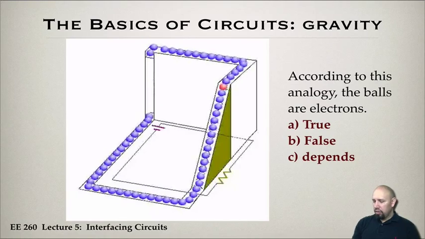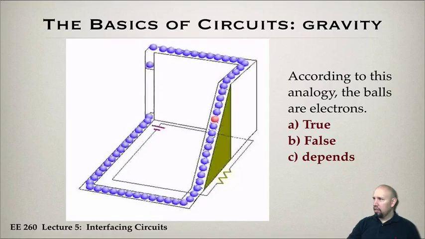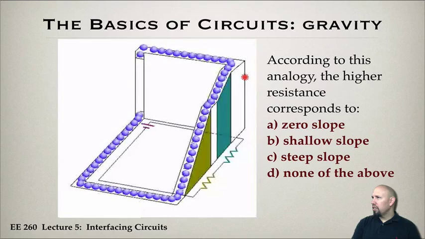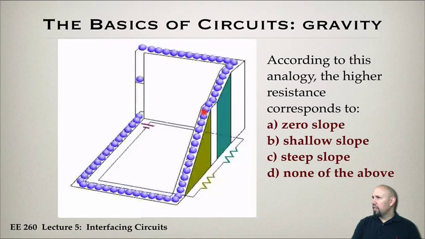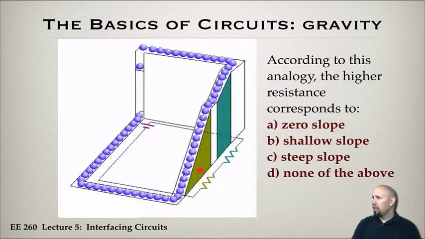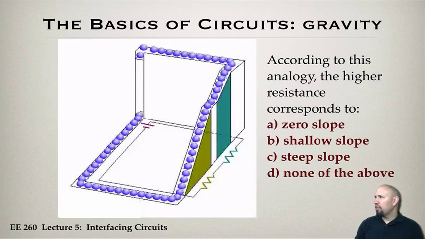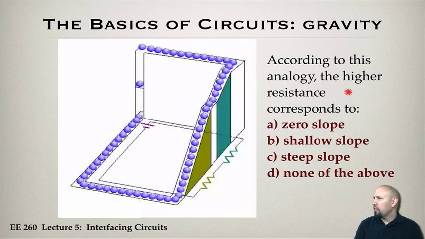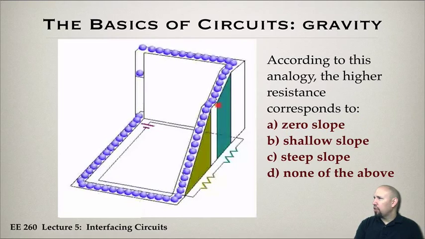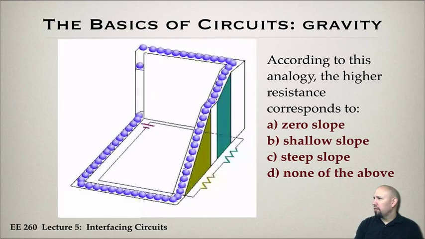Okay, and so that flow of charge is what is the current. Okay, now in this picture we have two regions that are resistive. Okay, so this region here and then this region here. Okay, and so they have different resistance values, and so according to this analogy, the higher resistance corresponds to what? The zero slope, the shallow slope, or the steep slope, or none of the above.